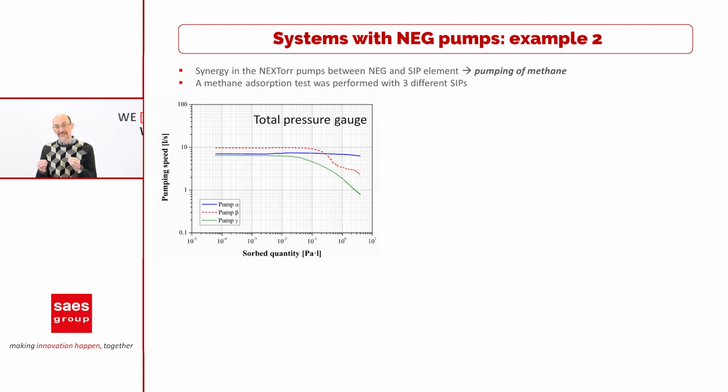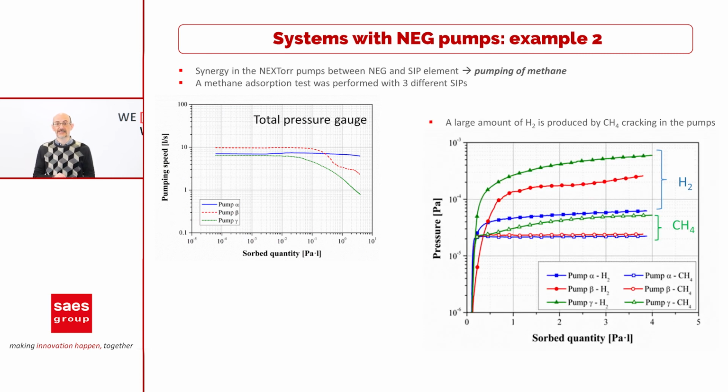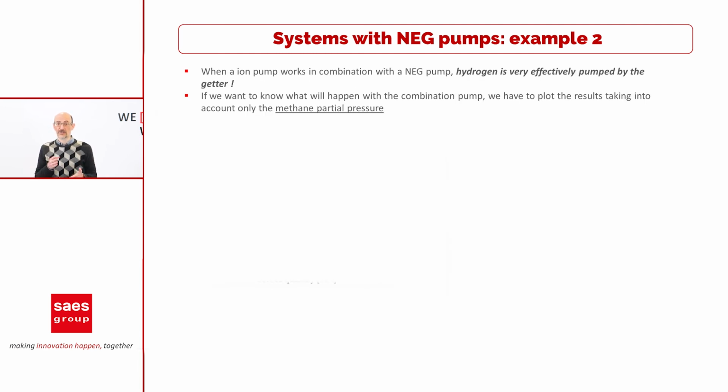Then, if we analyze the QMS data, we realize that during the test, an important part of the atmosphere in the chamber is hydrogen. Clearly, methane is cracked in the ion pump and some hydrogen is released. Of course, the total pressure gauge cannot distinguish between methane and hydrogen, so the pumping speed measurement is greatly affected by the hydrogen released.